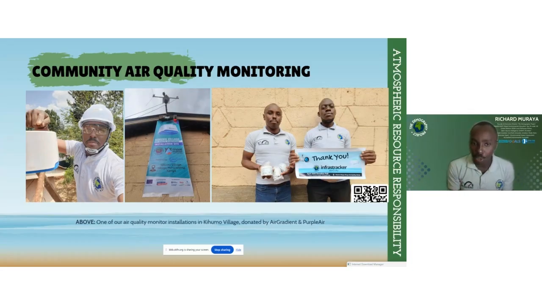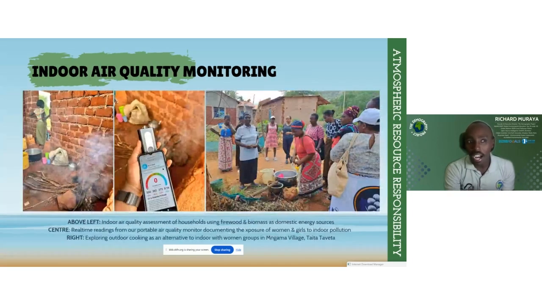This primarily will focus on schools as well as other community facilities to plug data gaps that perhaps are not even visible from a local level. We also do indoor air quality monitoring and give remedial measures to households, especially women-led households, on mitigating excessive exposure to particulate matter from cooking activities in enclosed spaces.